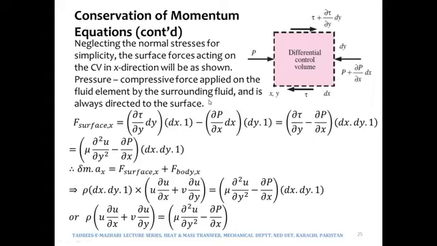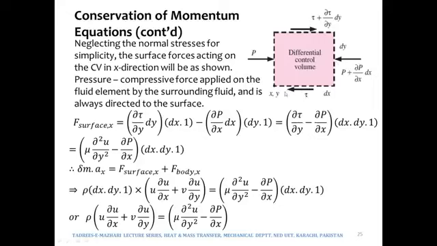So if we take care of all the surface forces, you can see over here that we are considering the two surface forces as I was explaining on the previous slide, meaning the shear stresses and the pressure. So the difference of these two, meaning the difference of the shear stresses.